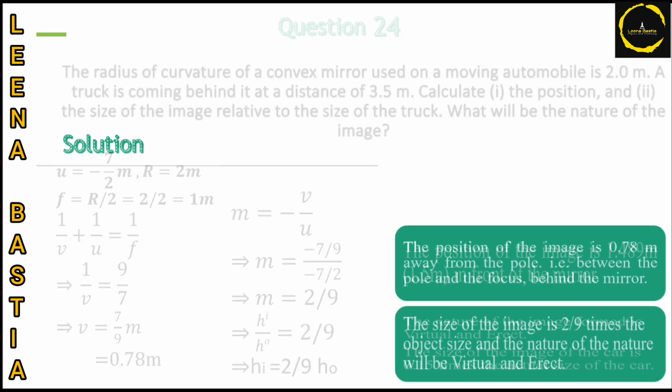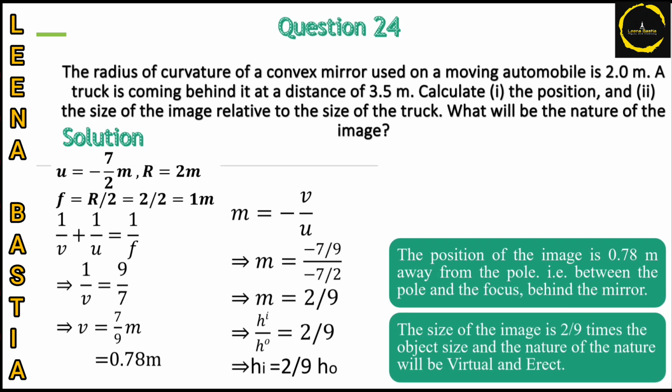Let us move to the next question, that is question number 24. What it is asking: the radius of curvature of a convex mirror used on a moving automobile is 2 meter. So R value has been given. A truck is coming behind it at a distance of 3.5 meter. That means here the automobile has the mirror, and behind it a truck is coming.